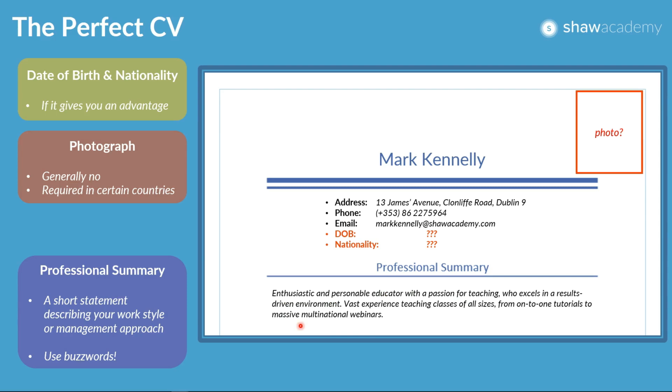So that is what you should be aiming to do with your professional summary. But obviously tailor it to the job that you are applying for. So some of these qualities might not apply for an accountant, for example. So make sure you're tailoring it to the specific job.